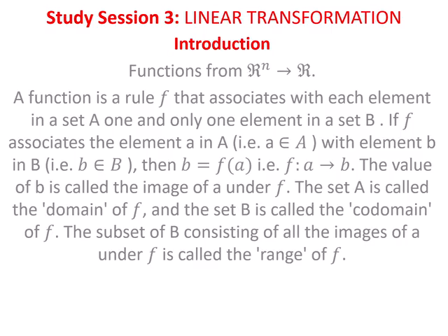They are very important. The value b is called the image of a under f. The set A is called the domain of f. The set B is called the codomain of f. The subset of B consisting of all the images of A under f is the range of f.